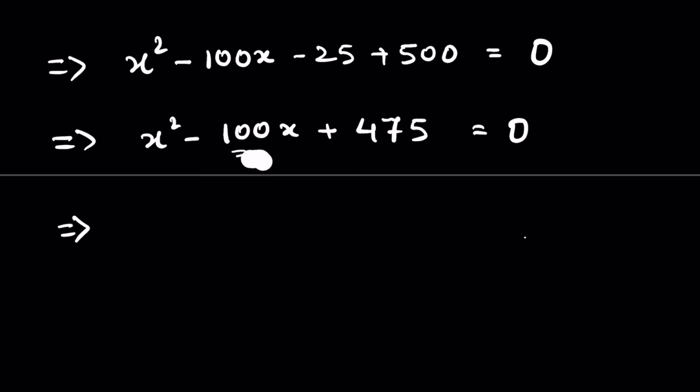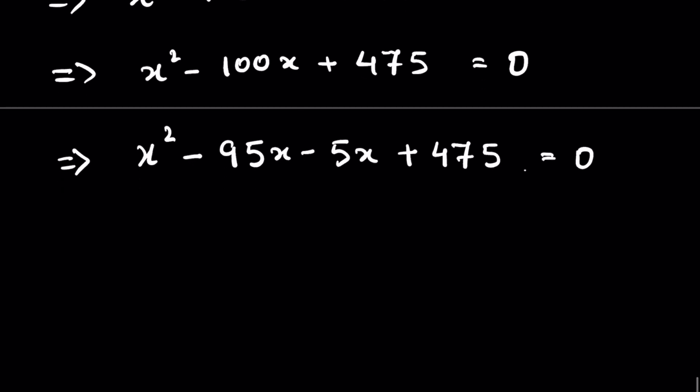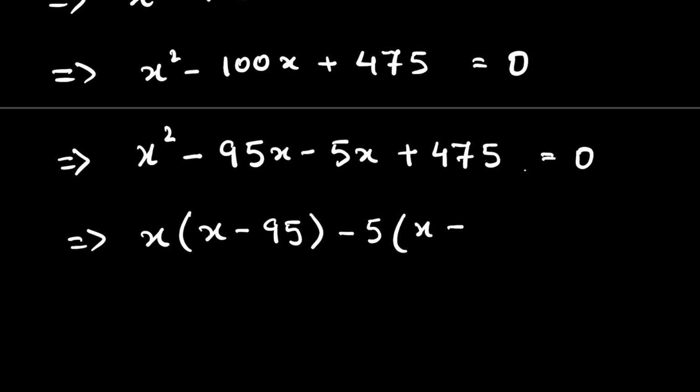So we can write x² − 95x − 5x, 95 plus 5 will be −100x, + 475 is equal to 0. Now let's factor out x here. So x(x − 95), and here we can factor out −5. So −5(x − 95), minus minus will be plus, is equal to 0.